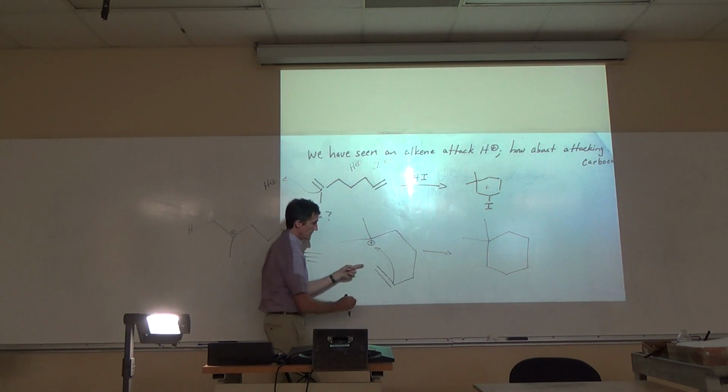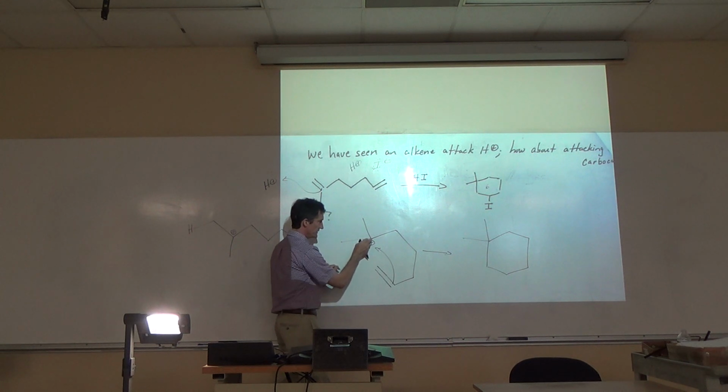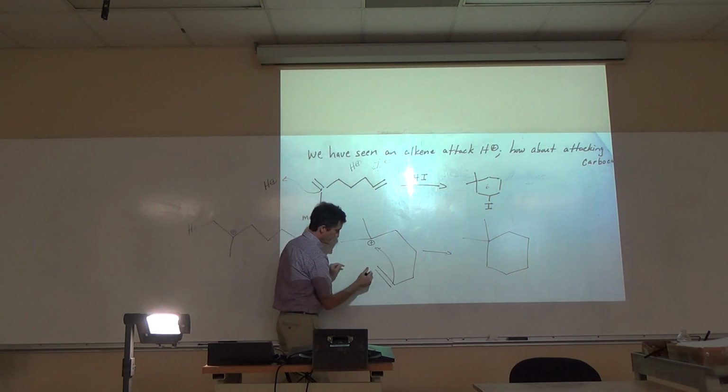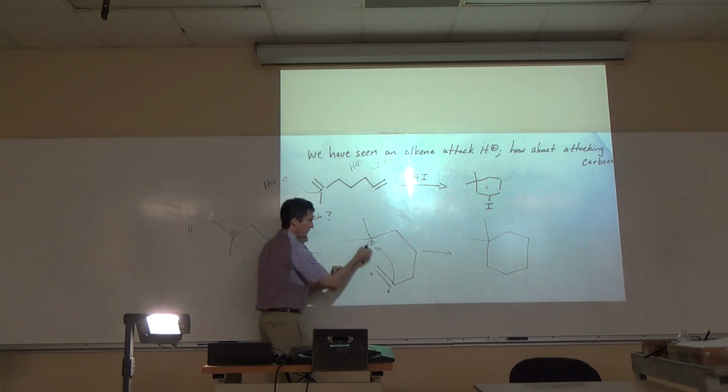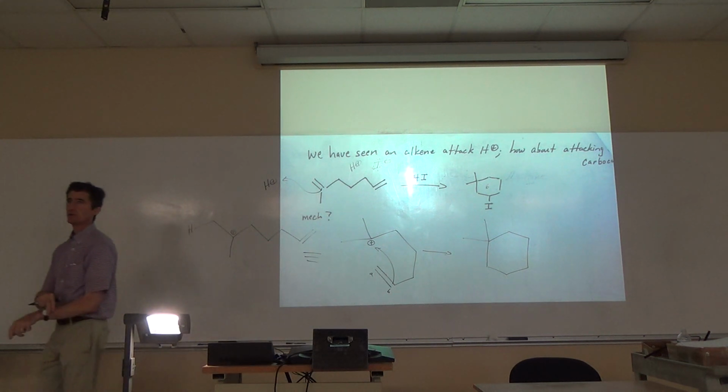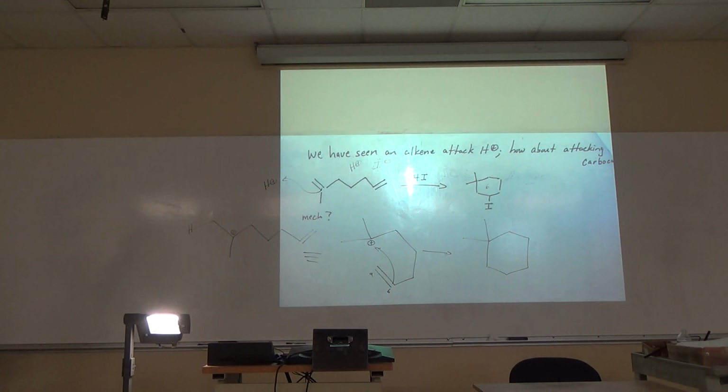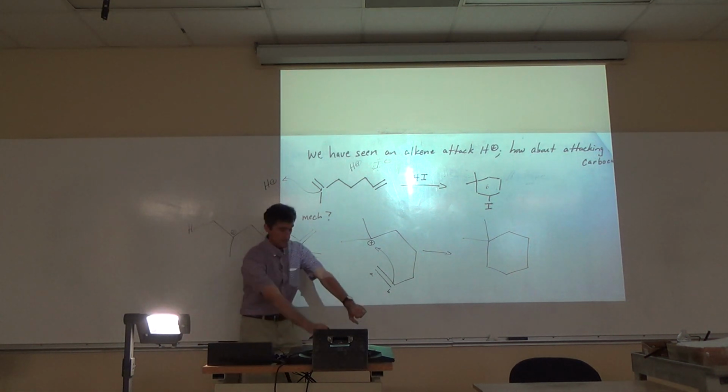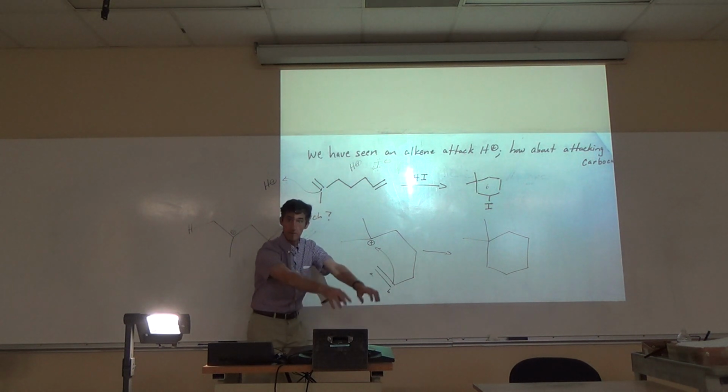Back over here. Which carbon ends up bonding to this carbon up here? A or B? Which one bonds to the carbocation carbon? B? No, not B. A. B is down here.